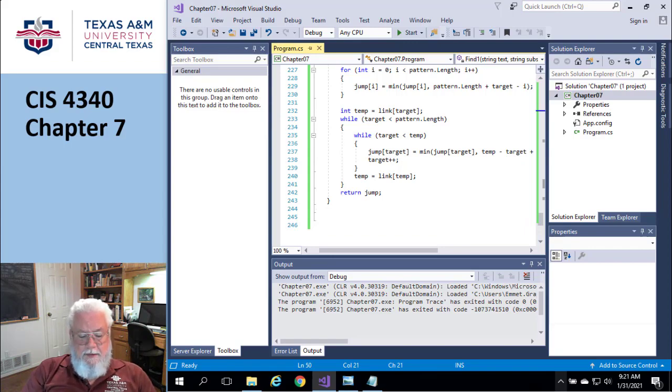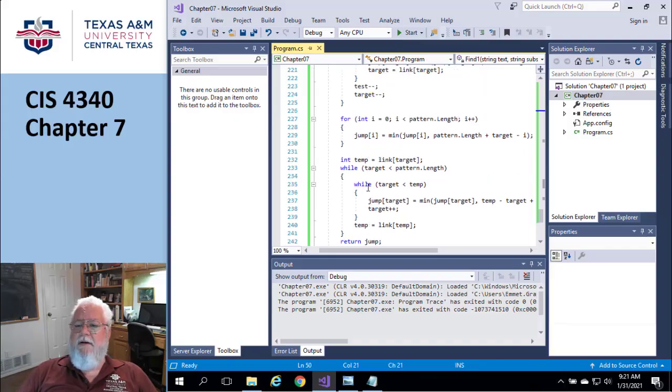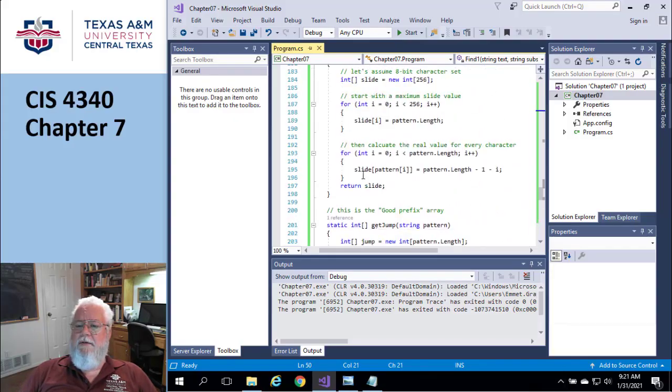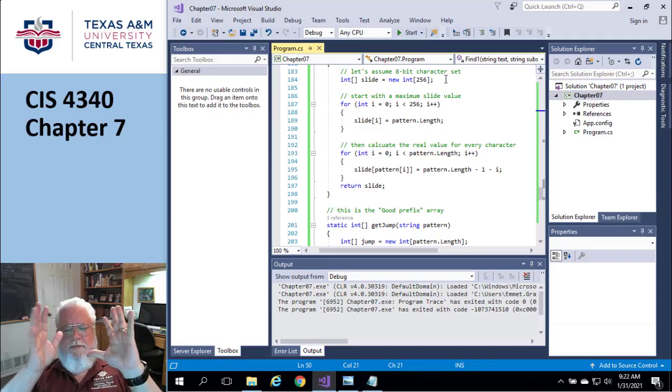So, yes, the Boyer-Moore is the one that's used most often, particularly if the text is large. Now, there are specialized versions of search routines out there. Remember, we just talked about the fact that this one has to have an array with 256 characters in it, right? Well, let's think about this for a minute.